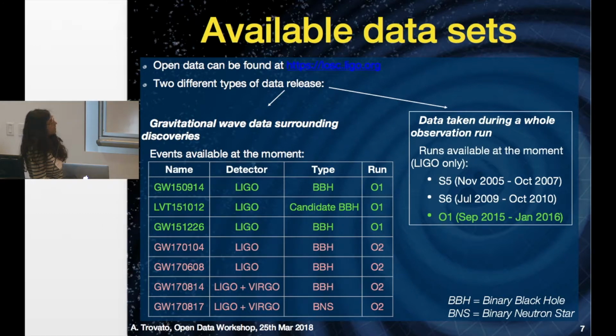The green refers to O1 and the pink, reddish more or less, refers to O2. As you can see, the last two events contain not only LIGO but also Virgo data. The whole observation runs that you can find at the moment, S5, S6, and O1, are LIGO-only data. And we are working on the release of O2 now.